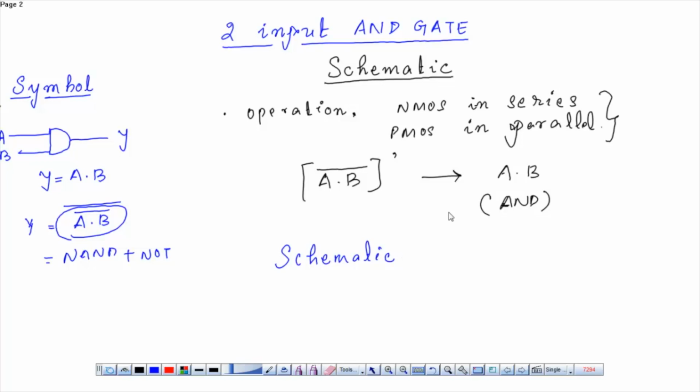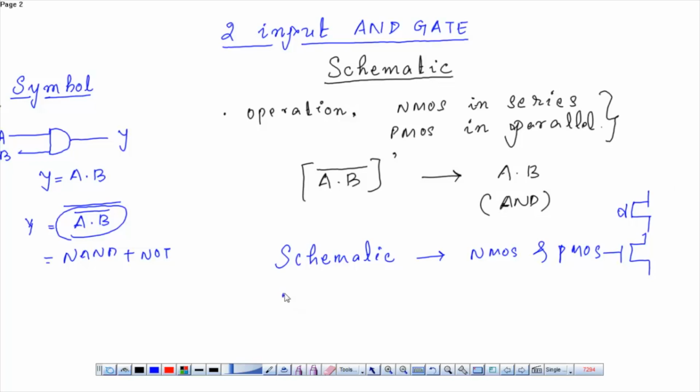One is the normal schematic, where the NMOS and PMOS are placed in this way, and correspondingly over here, somewhat like this.